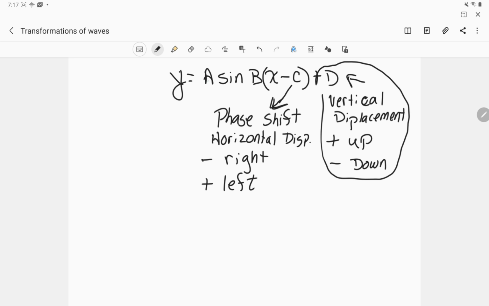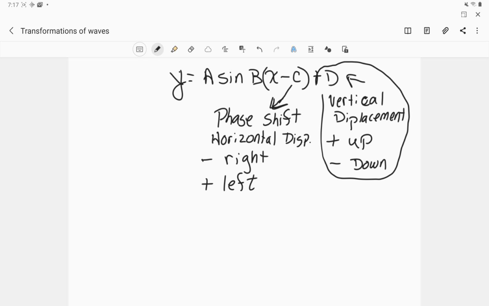So our A is multiplying y values, our B is dividing x values, our C is moving horizontally, so moving your x values across, and your D is your vertical, so it's moving your y values up and down.